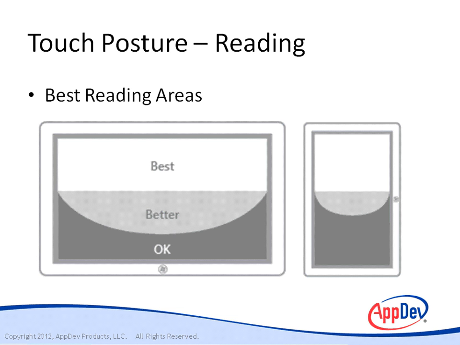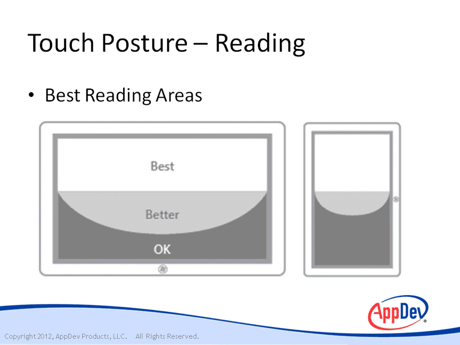The best area for reading is going to be along the top, and that applies regardless of which way you're holding the device. You notice it gets better as you go up, and down is okay. The reason is that when a user holds the device, sometimes their thumbs or part of their hand can go over those bottom corners on the right and left side of the device. So it's easier for users to read when it's up at the top.